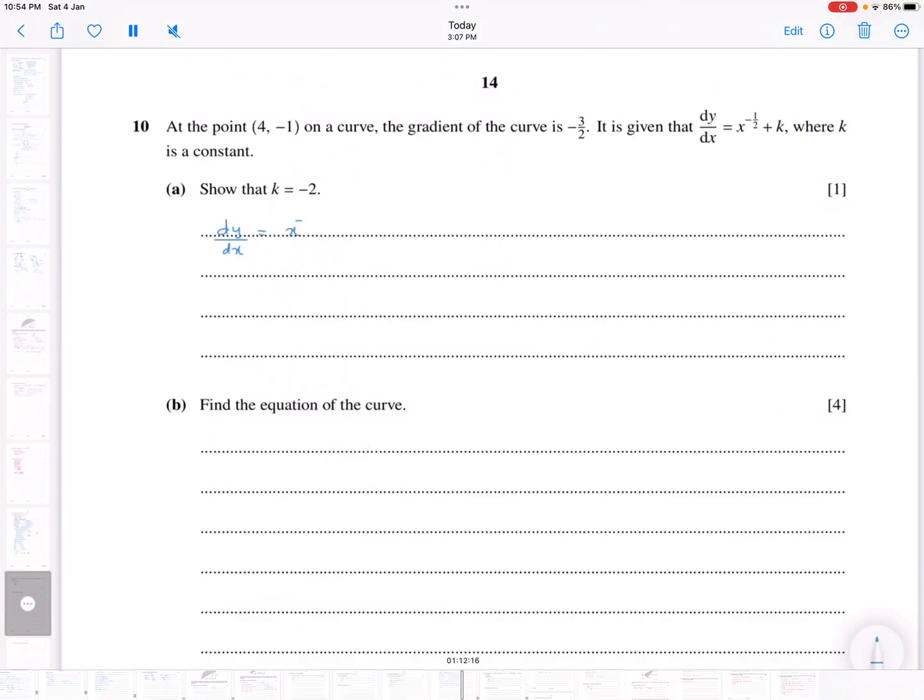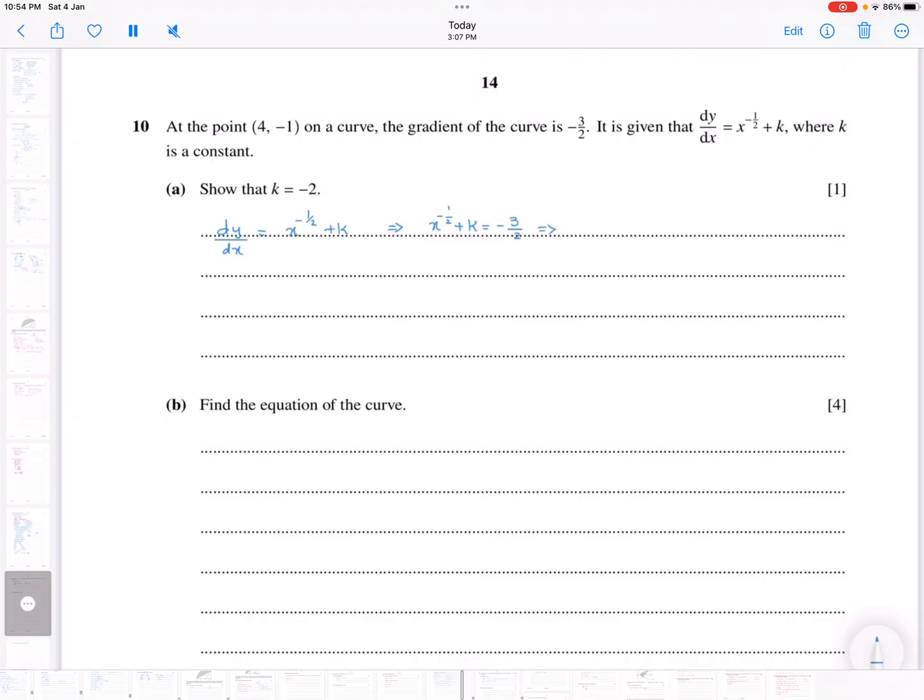Question number 10. At the point this, on the curve the gradient is minus 3 over 2. It is given that dy by dx is this, where k is a constant. Show that k is equal to minus 2. So dy by dx is given, and this should be equal to minus 3 over 2.